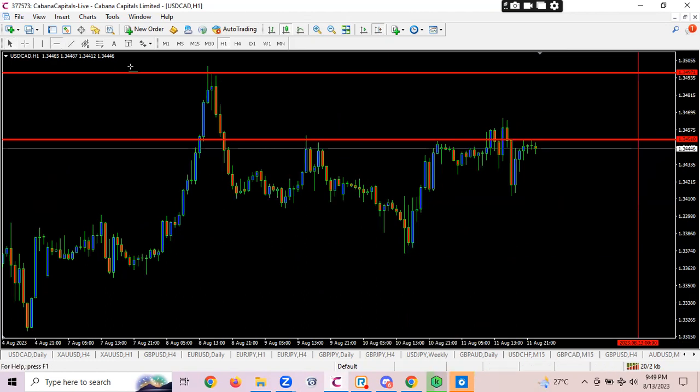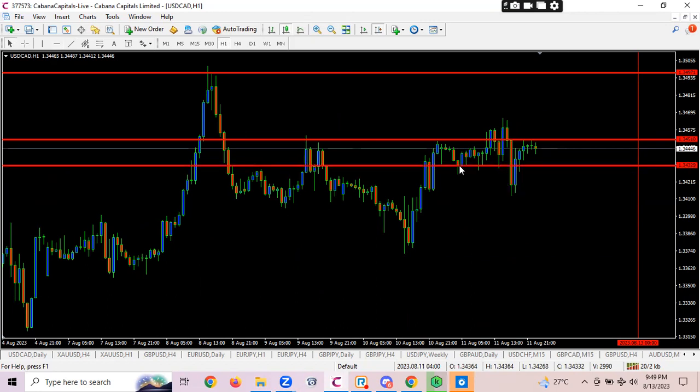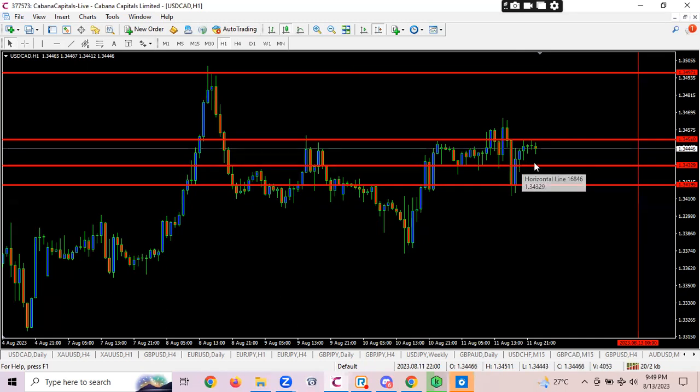We had a support here, then we had another support here. So I would be considering selling USD CAD if a 4 hour candle closes in between these levels or this zone.